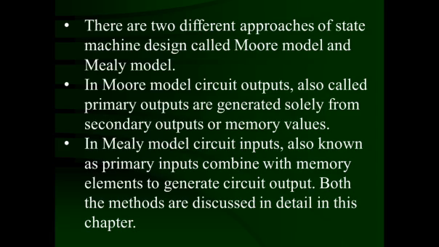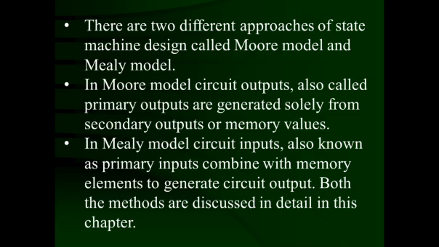In a Mealy model, the present state of the output as well as the input is included to generate the next state of the output. In the Mealy model, circuit inputs, also known as the primary inputs, are combined with the memory elements to generate the circuit output. Both methods are discussed in detail in this chapter.